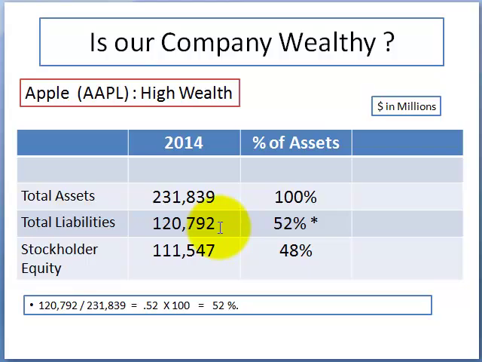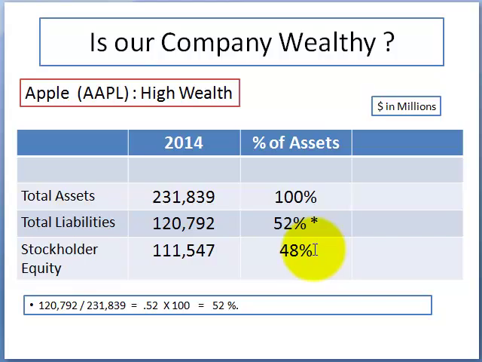They have ownership, or net worth, or stockholders' equity, of $111 billion. Now, if you look over here, we said: what percent of all these assets, who owns this $231 billion? Well, 52% of it is owned by other people that we owe liabilities to, people we owe it to. 48% is owned by us.